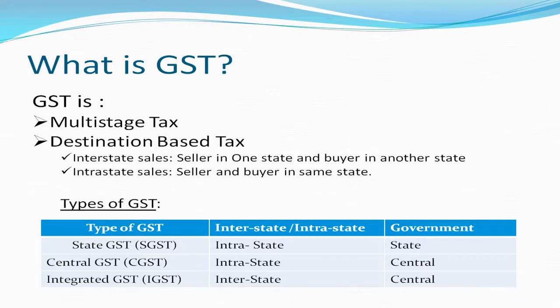Let's understand there are two types of sales: interstate sales and intrastate sales. What is interstate sales? When seller is in one state and buyer is in another state, from one state to another, across the states.